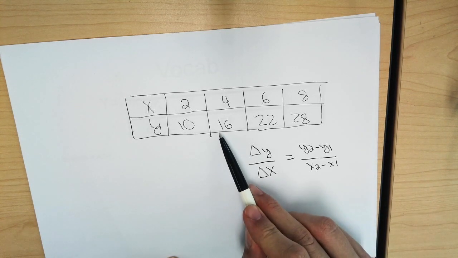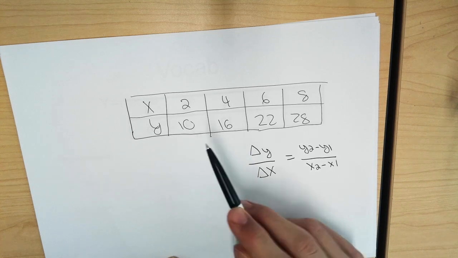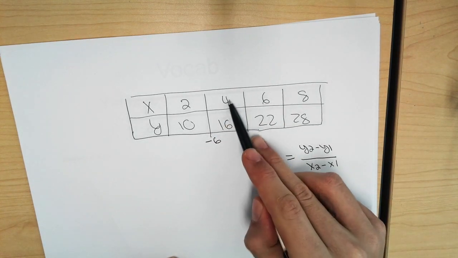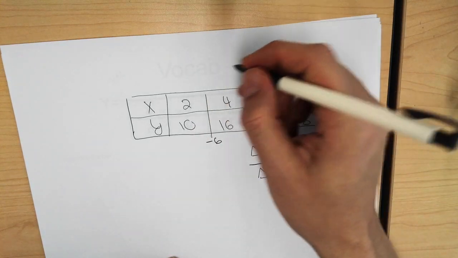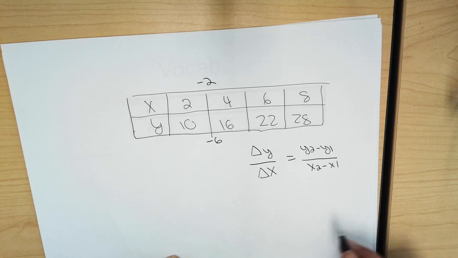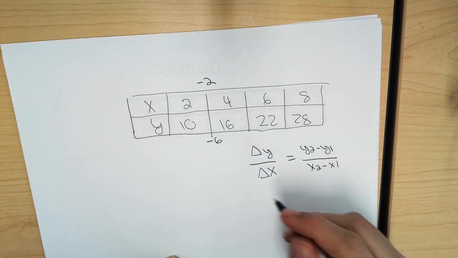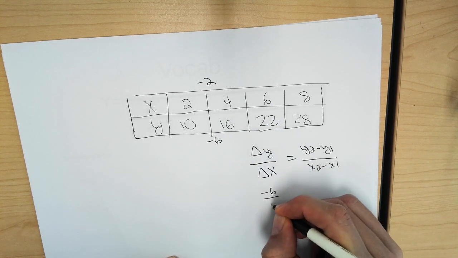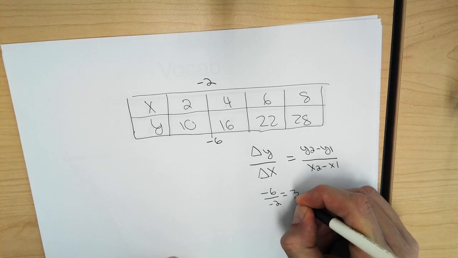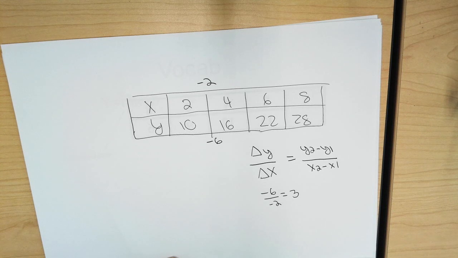So all we have to do is subtract this y from this y to get minus 6, and this x from this x to get minus 2. We take our minus 6 and our minus 2 and we put it into our formula to get minus 6 over minus 2, which equals 3. Now we have a rate of change for our formula.